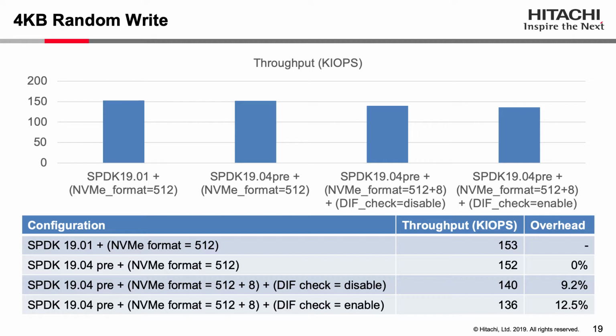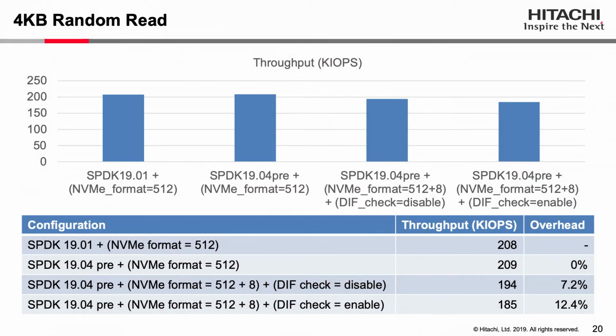And the third one is we use NVMe SSD formatted with 512 plus 8, but we disabled diff check. In this case, the overhead was 7.2%, and on top of the third one, when I enabled diff check, the additional overhead was 5.2%. So total overhead was almost the same, 12.4%.